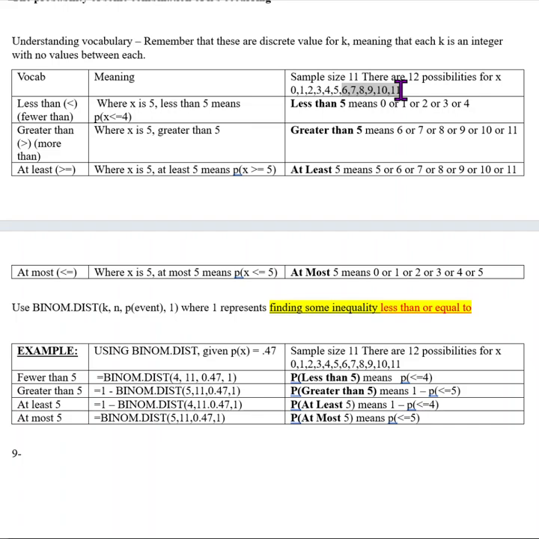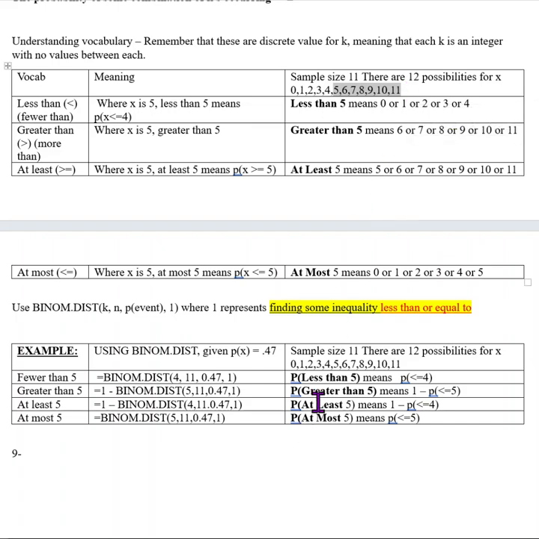So the binomial calculation will only calculate less than. So I want 1 minus the probability of less than or equal to 5. At least 5 is this. And so therefore, again, I can only calculate less than, so I'm going to calculate 1 minus the binomial distribution of 4, 11, 47, 1.